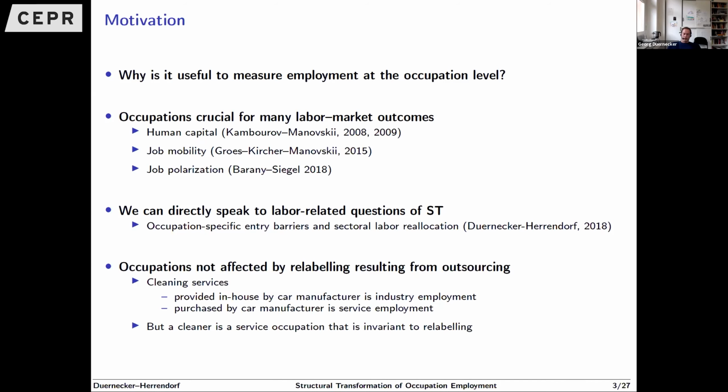However, if that service is outsourced and purchased from the market, then it's counted as service employment, even though it's the same activity as before. So the observed increase in service sector employment that we see in the data may to some extent be due to relabeling that comes from outsourcing. This issue does not occur when we measure employment at the occupation level, because the cleaner is a service occupation no matter where it's employed.